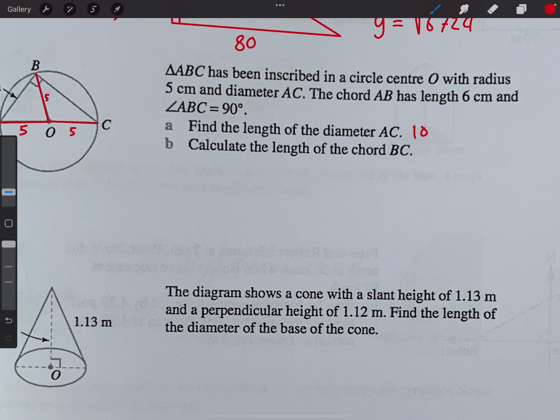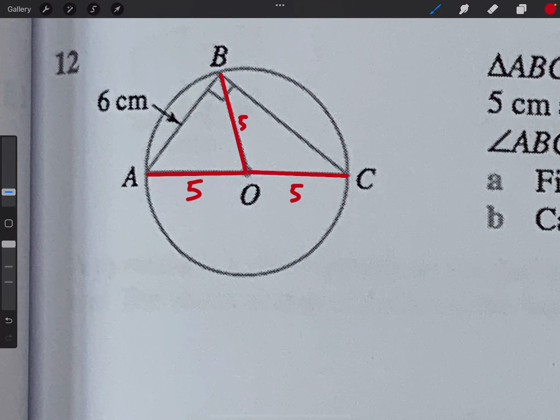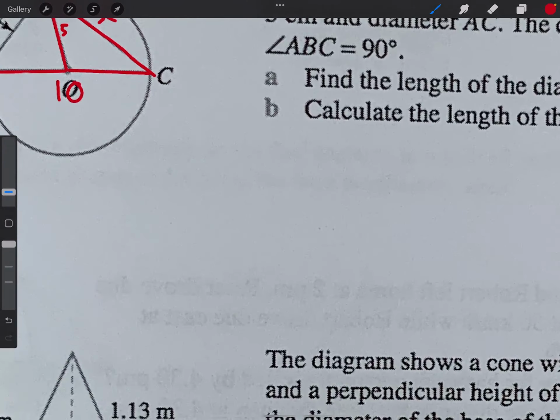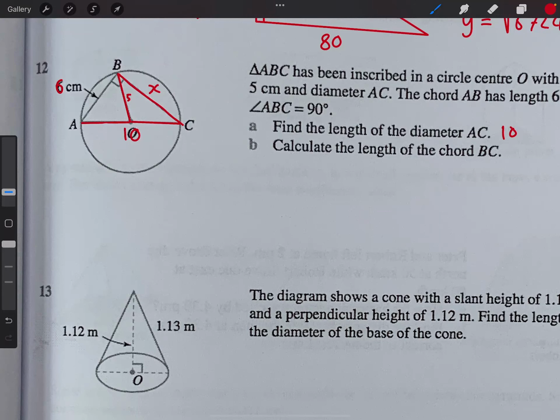Calculate the length of the chord BC. Okay, the chord BC. So AC is 10. BC is this one here. Okay, so we have a right angle triangle. This is 10. This is 6, and this is x. So I'm going to redraw the triangle.